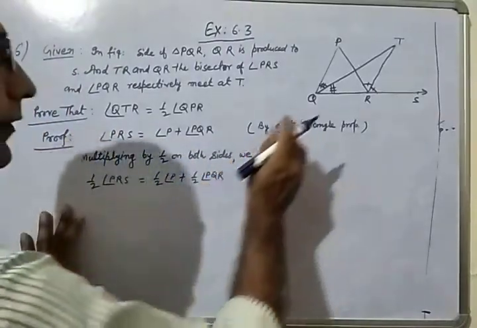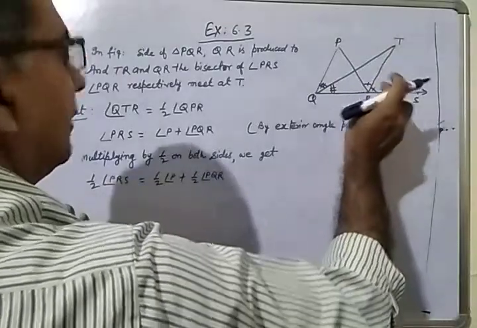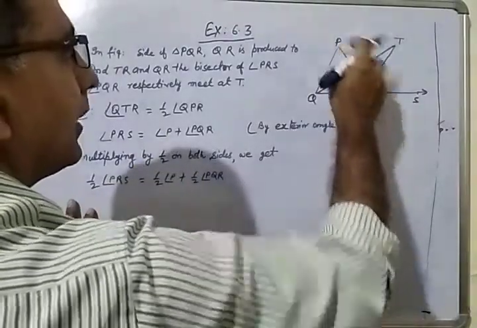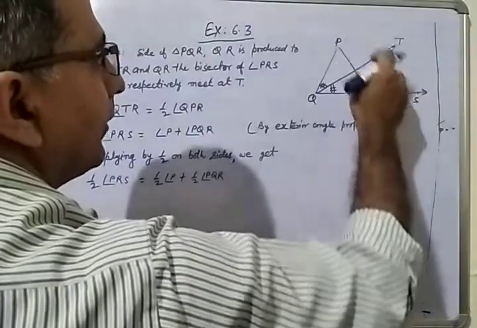So here, see here, half angle PRS, this equals this, both are half of angle PRS.